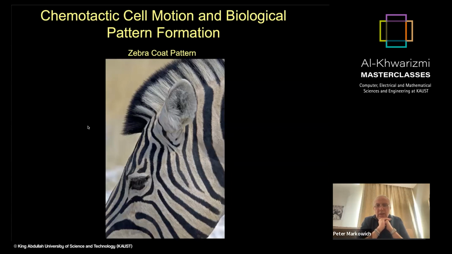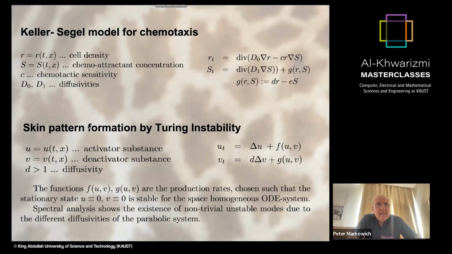What's the mechanism behind it? It turns out that this is extremely related to the so-called Keller-Segel model for chemotaxis and the resulting Turing instability phenomenon.